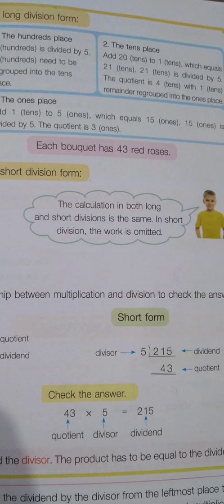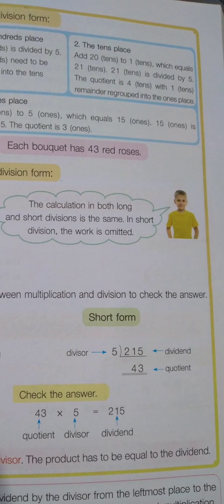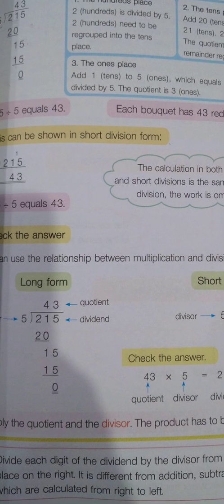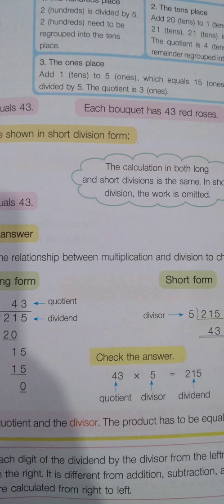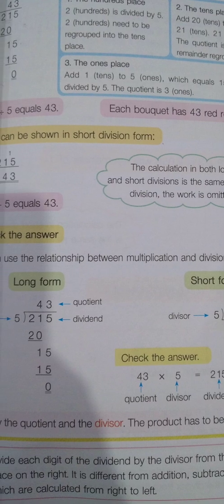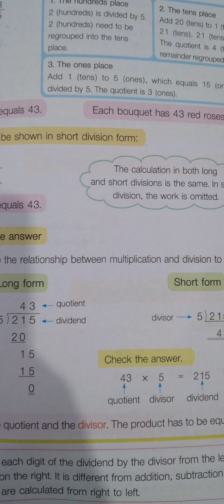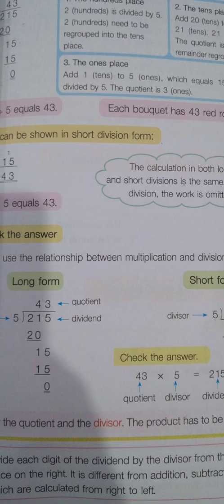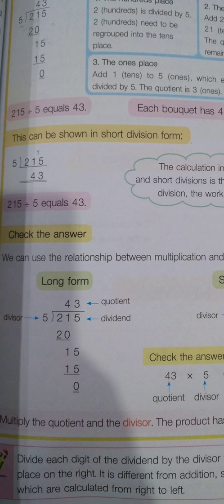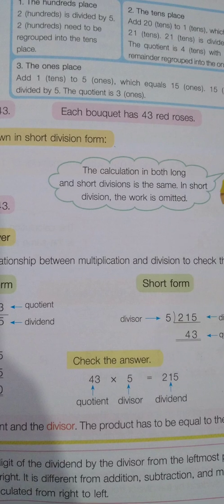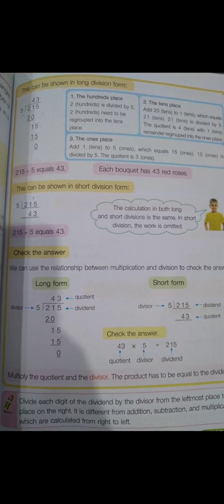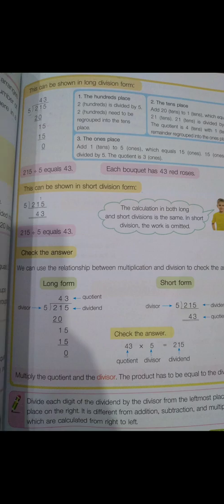Check the answer: 43 times 5, quotient times the divisor. Multiply the quotient and the divisor. The product has to be equal to the dividend.